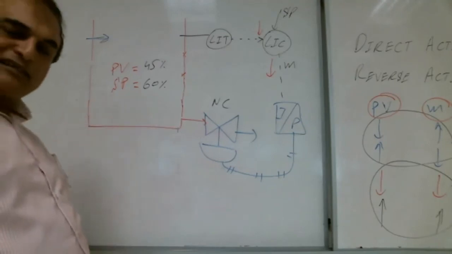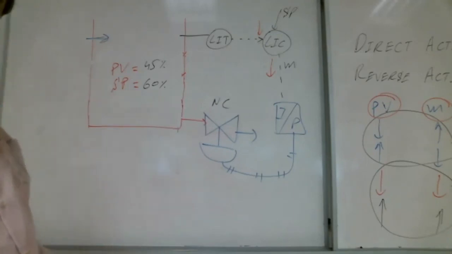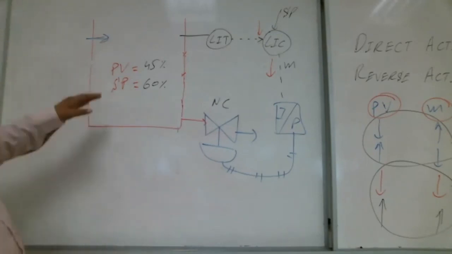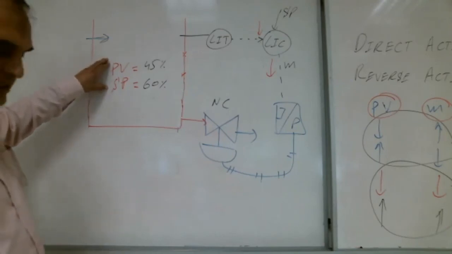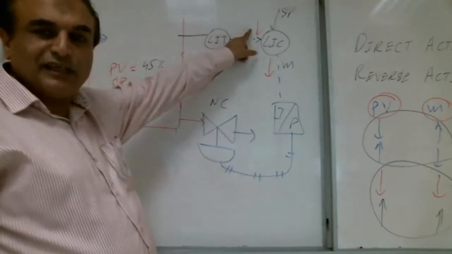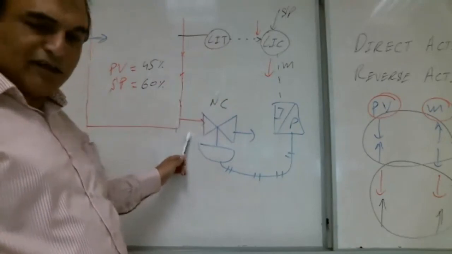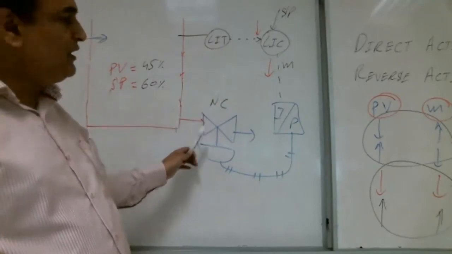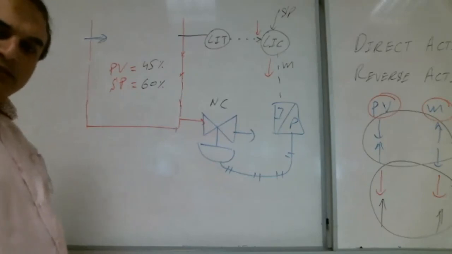So whenever this question comes, you need to start with PV and SP, suppose some PV and some SP, then say whether the signal is more than needed or less than needed, then say whether you want to open the valve more or close the valve more, and then decide whether it is direct action or reverse action.